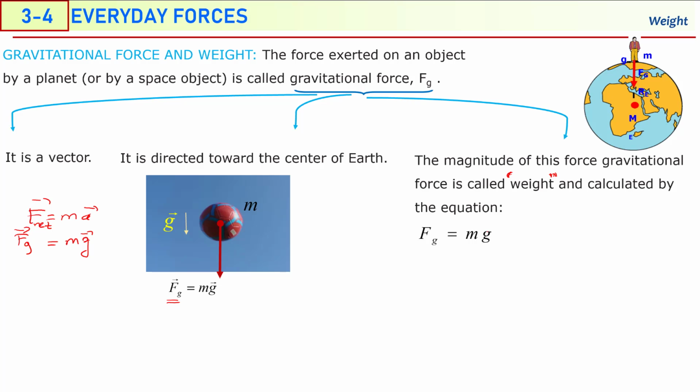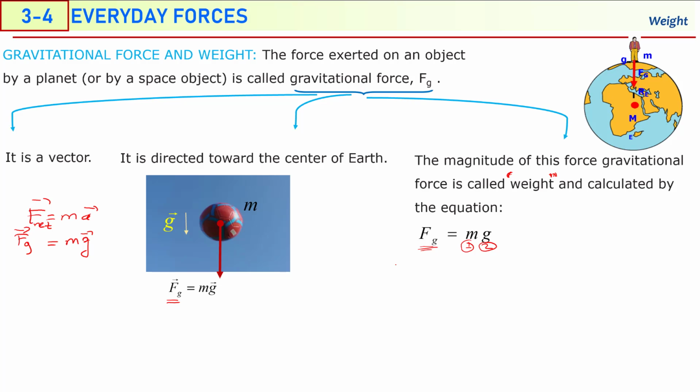As you see, gravitational force or weight depends on two things. One of them is the mass of the object. The second one is the free fall acceleration of the planet. Mass of an object is constant, it depends on the number of molecules.